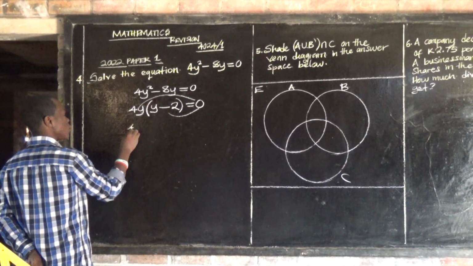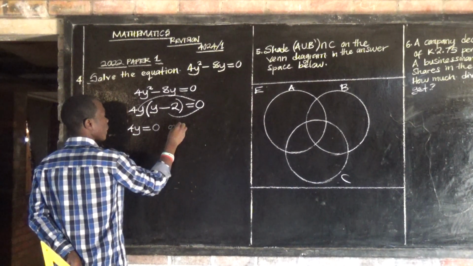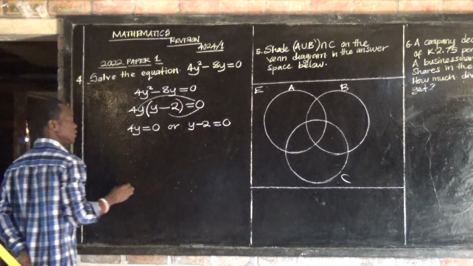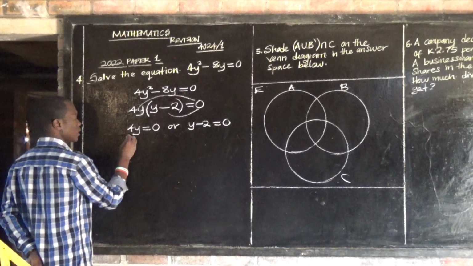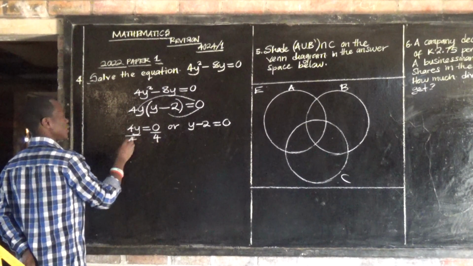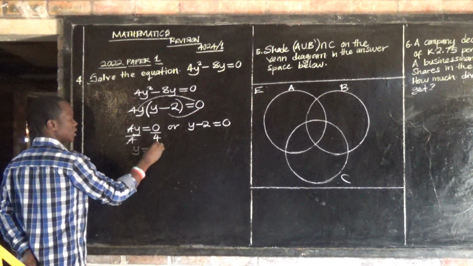So you say 4y is equal to 0, or y minus 2 is also equal to 0. Are we together? So solving for y, you're going to divide by 4 over 4. y is equal to 0 over 4, which is 0.